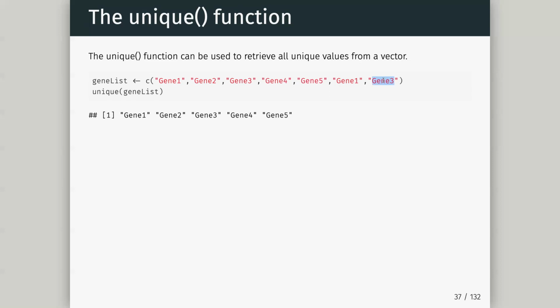If I just want to know all the unique values in there, I could do unique of gene list, and then it gives me just 1, 2, 3, 4, 5. Gene 1 and gene 3 occurred twice in this list. So if I want to reduce it to unique values, I can use unique gene list. If I wanted to get the total number of unique values, I could do length of unique gene list.